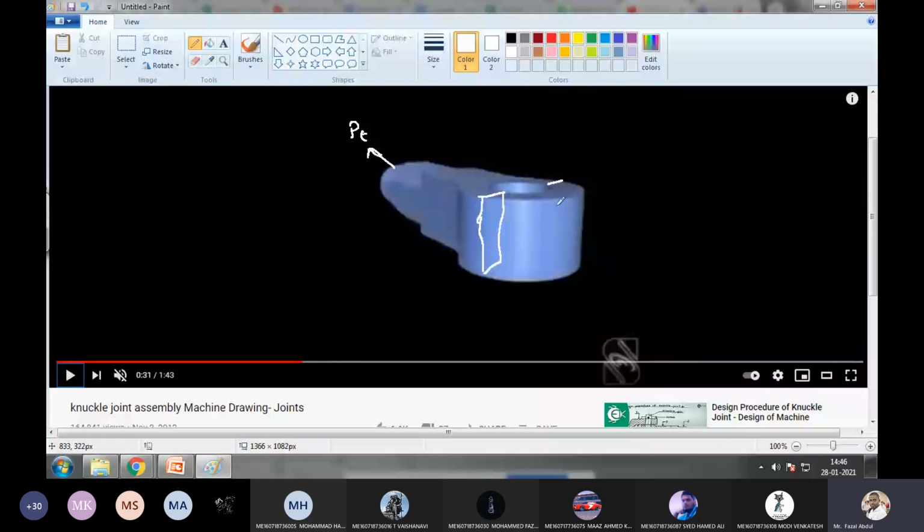Are you getting my concept? This is the failure area of this fork end, sorry, single eye rod. So that one I'm separately drawing here. Just see.